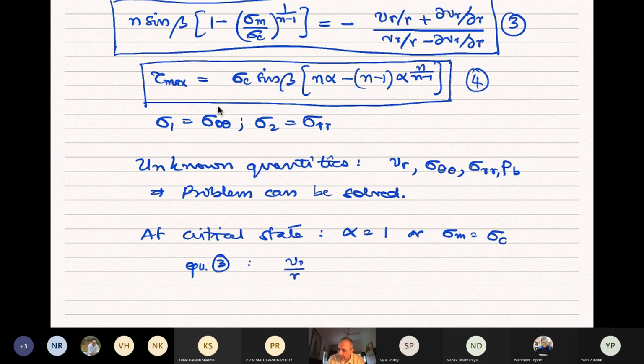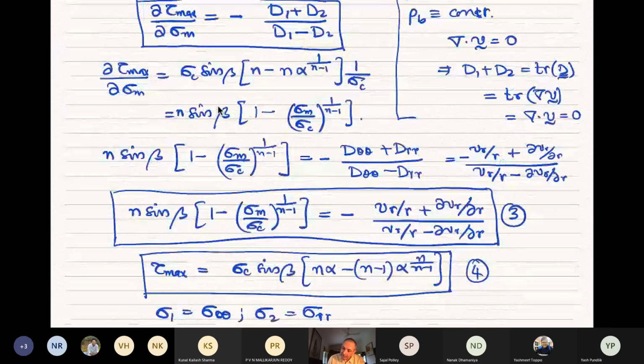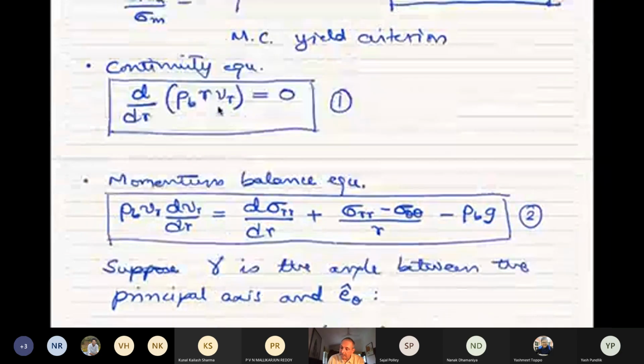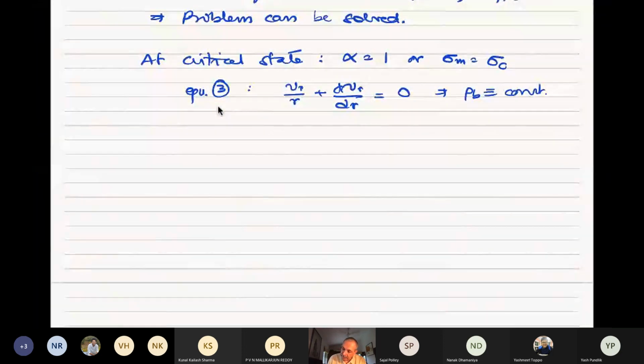And so you will get that Vr by r plus dVr by dr is equal to 0. So your continuity equation reduces to this. This implies from the continuity equation that rho b is a constant. If rho b is a constant, then you will get exactly what we have written down.